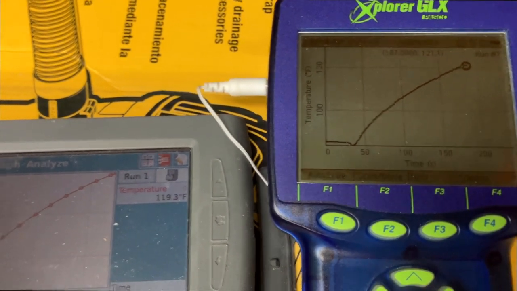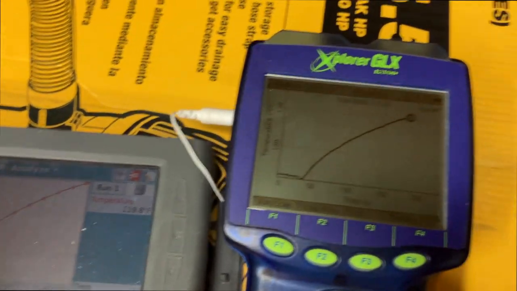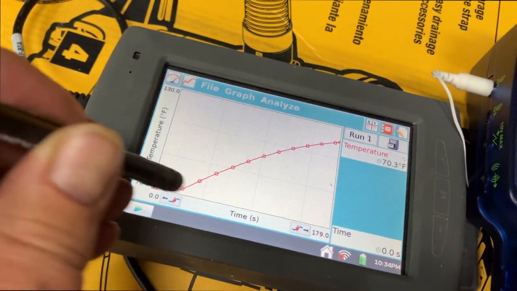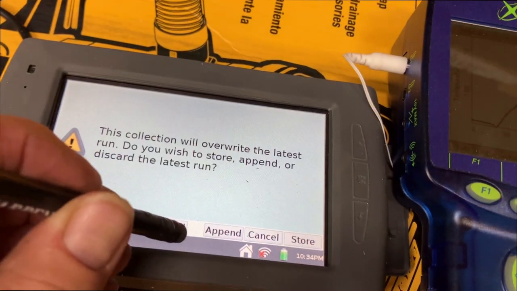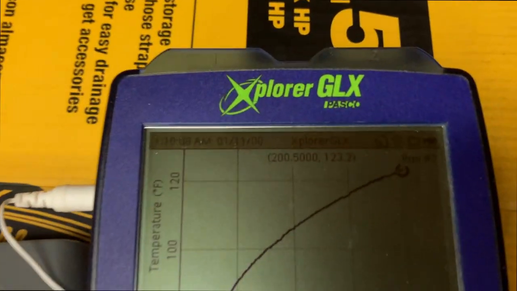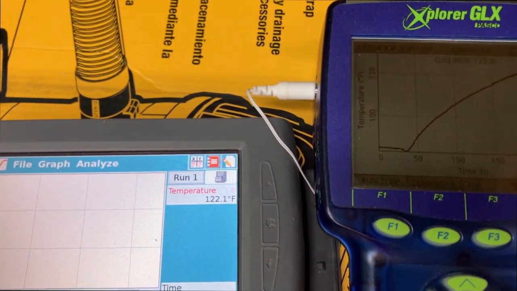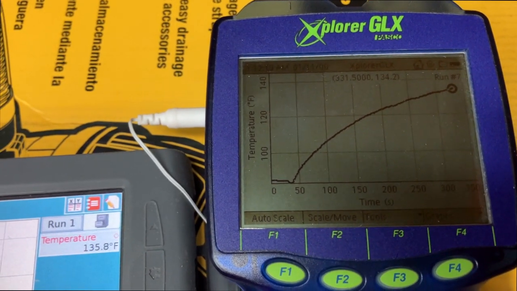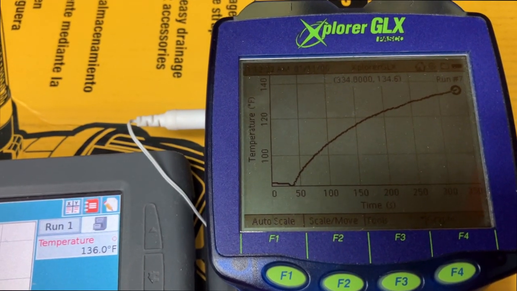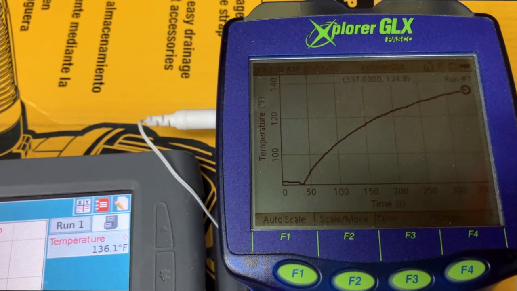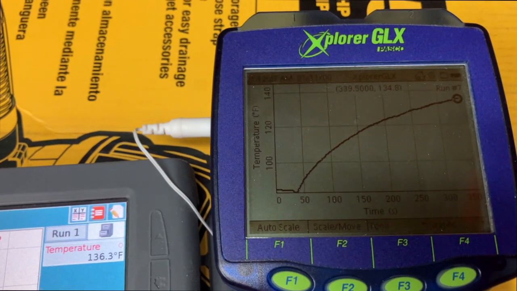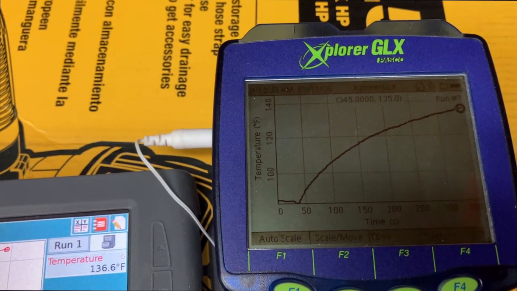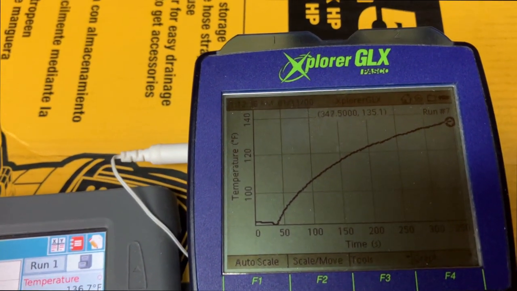Oh no. I have to reset this thing. No, it was only going for so long. Where are we? 123 inside, 122 outside. Kind of interesting how the box and the inside are changing places. The box is running a little bit warmer than the temperature.